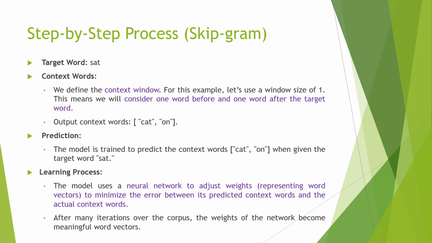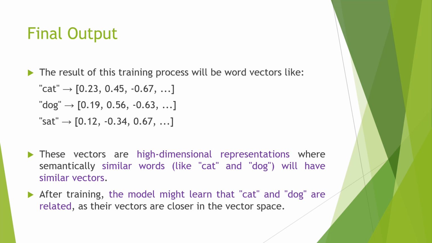After many iterations, it will generate meaningful representations of vectors. For example, this will be the output for cat, dog, and sat. We are getting this vector representation. These are the predicted probability values for each of the surrounding words.